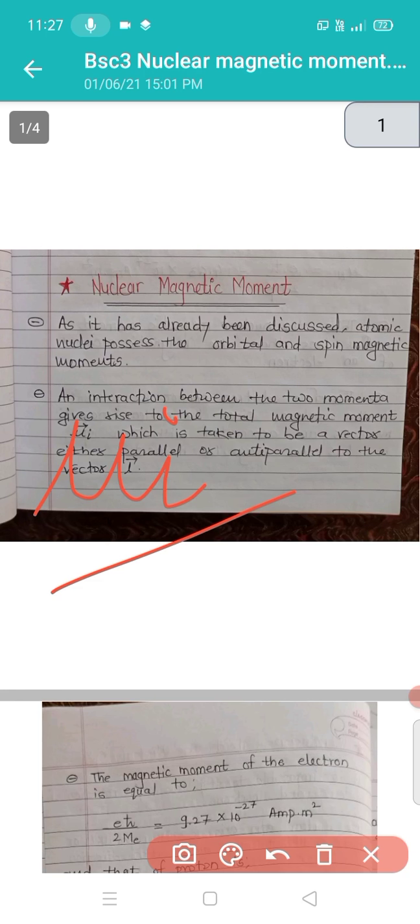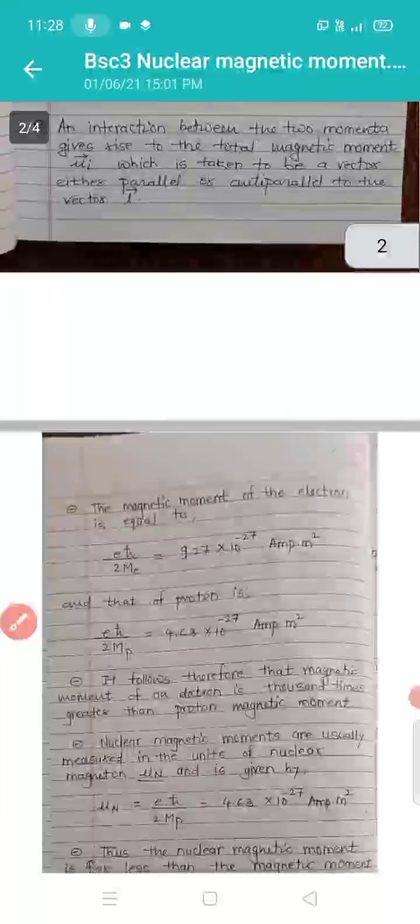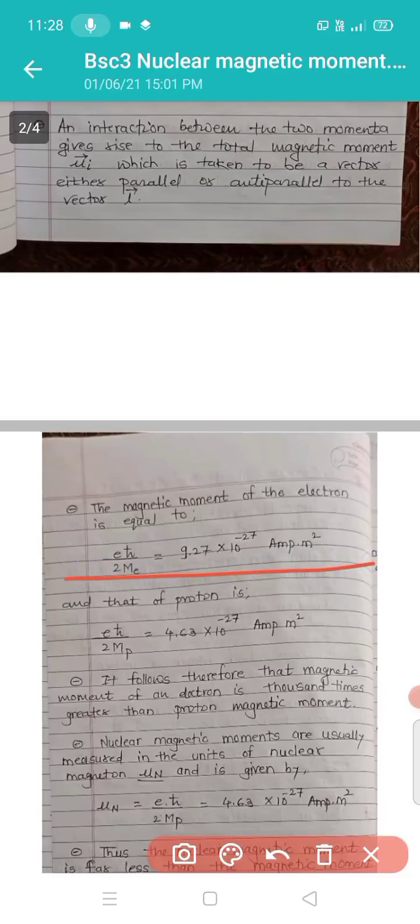For the electron, nuclear magnetic moment is given as eh cross upon 2 Me, where Me is the mass of the electron.